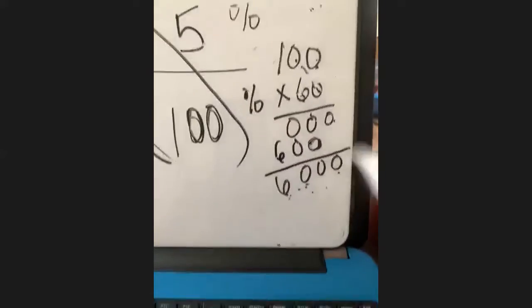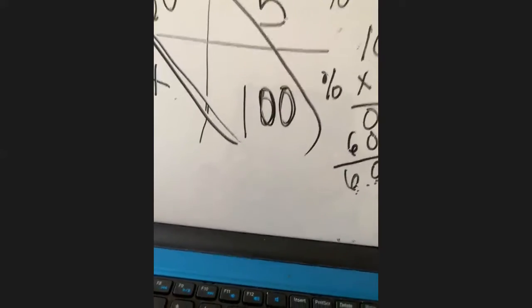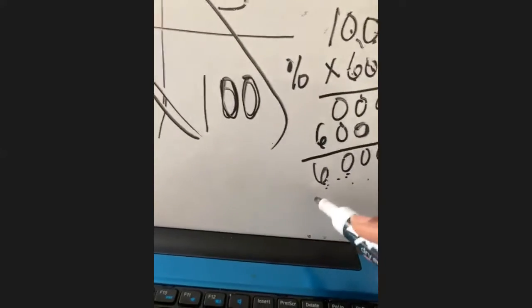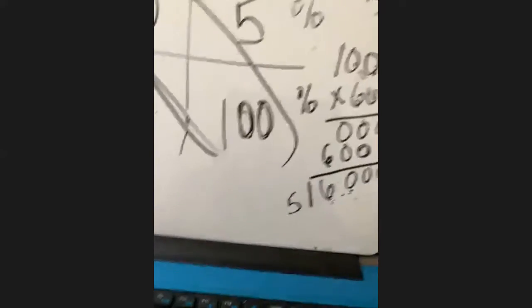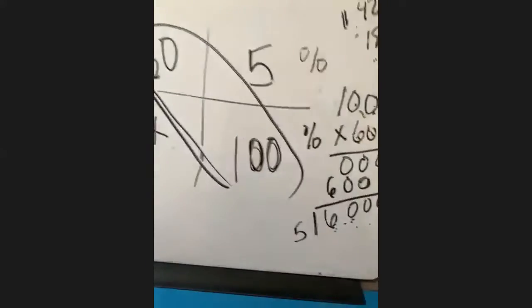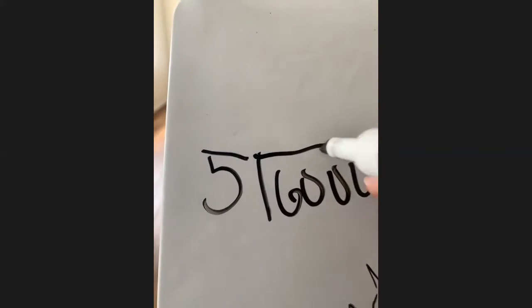And so then we want to divide by 5. So once we divide by 5, okay, I'm going to divide by 5. So we're going to take, let's use this side up here. So we're going to take 5 into 6,000. Right?